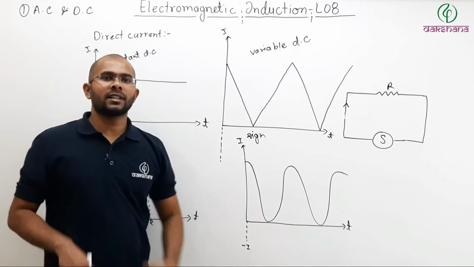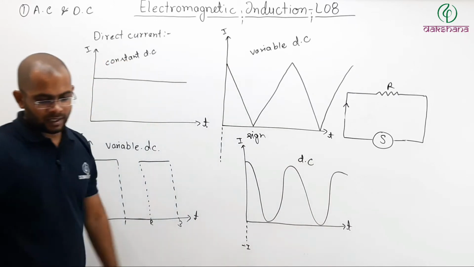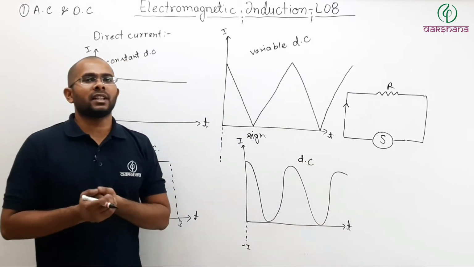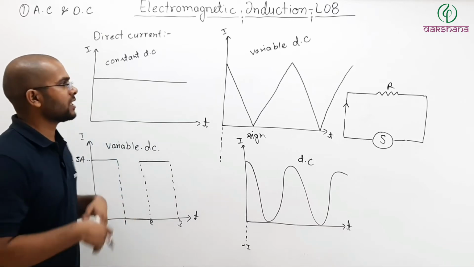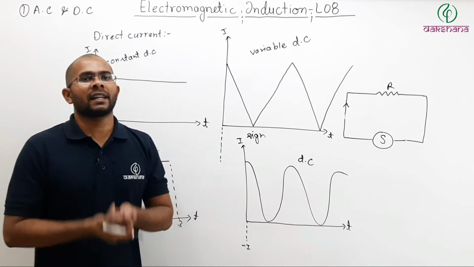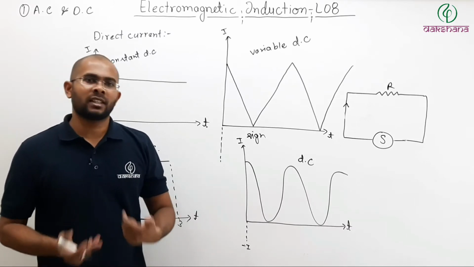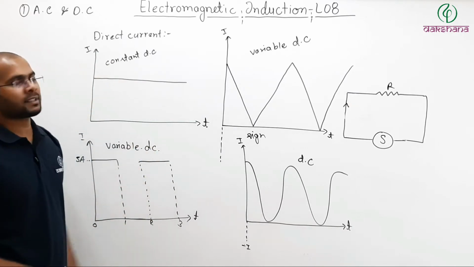Then it will be called a DC current. So here also it will be a DC current. So if you want to write the definition of DC current, then you can simply say if the current does not change its direction, it is called DC current. That is very simple. So pause the video, you can draw this graph, then we will discuss what is an AC current.